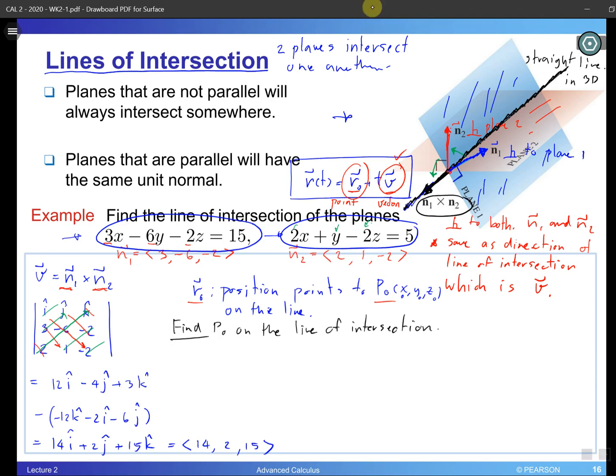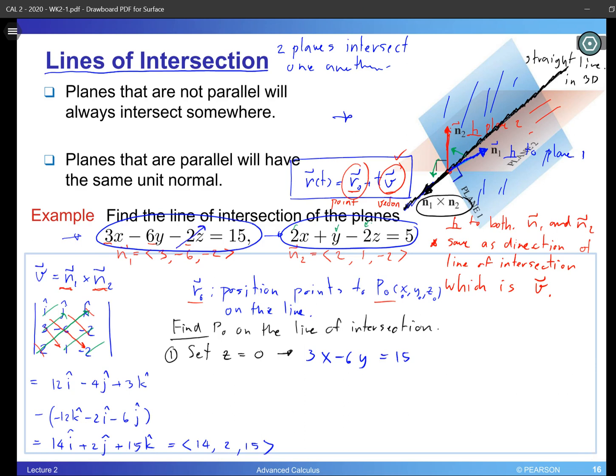I'm going to set z equal to 0. This plane expands infinitely, so for sure it's going to have z equal to 0 somewhere. What I get from that is this first equation, 3x minus 6y equal to 15. The z term goes away because z is equal to 0 now.